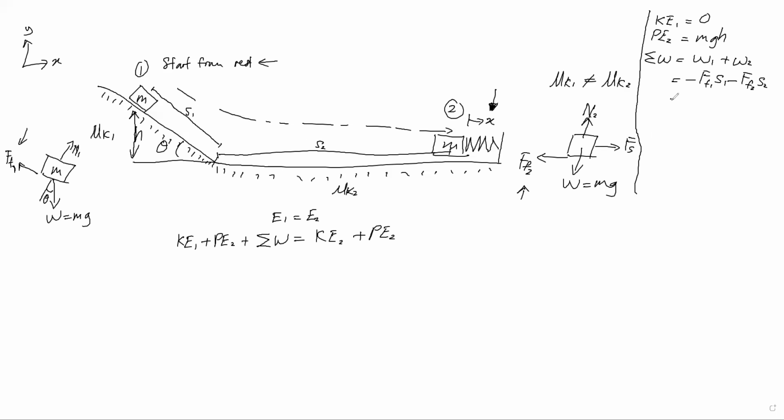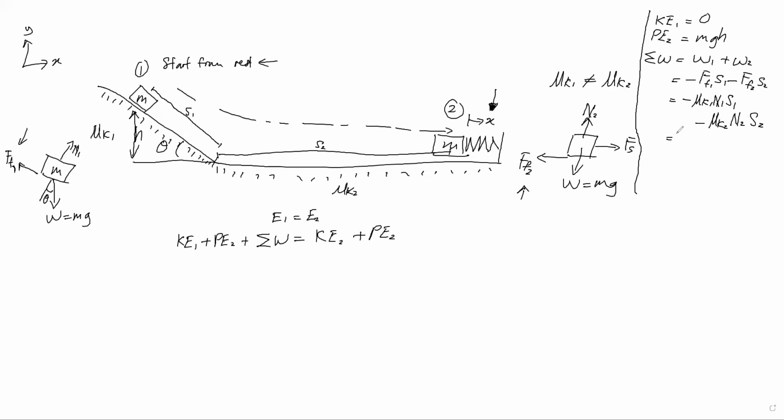Now what is F1? F1 is mu k1 times N1, times S1, minus this one, mu k2 N2 S2.